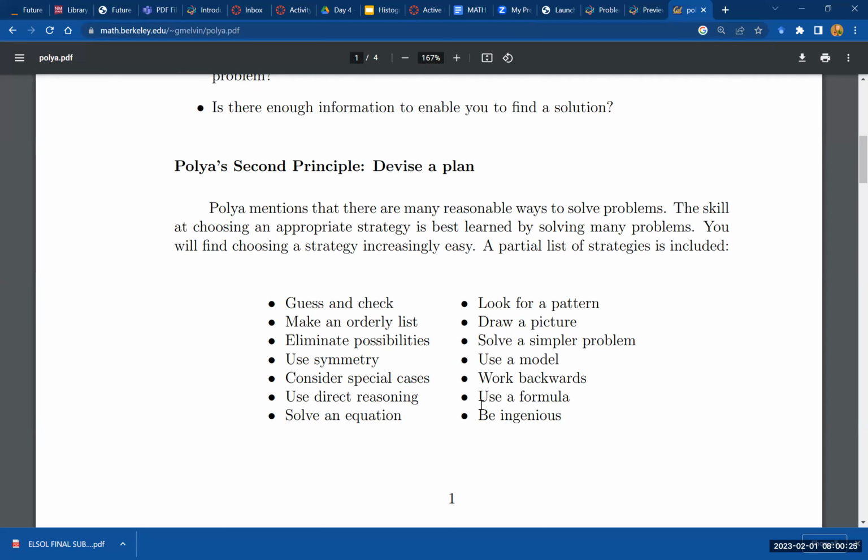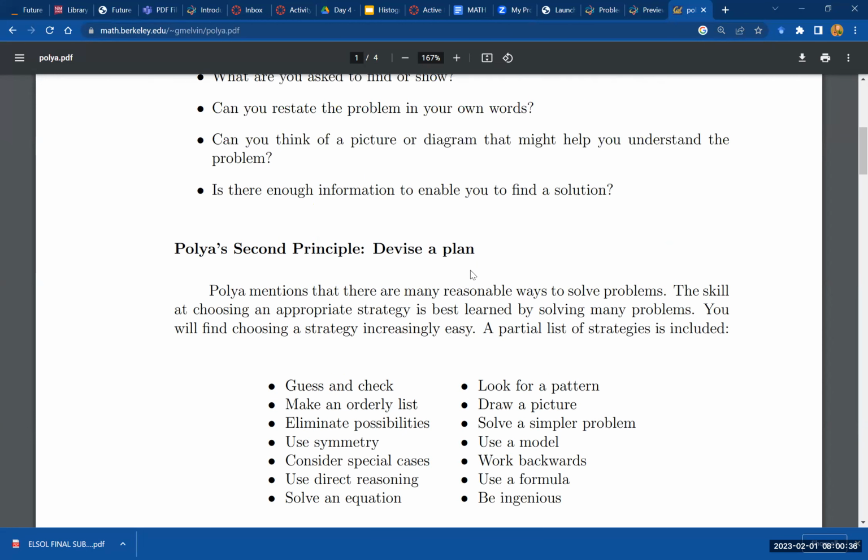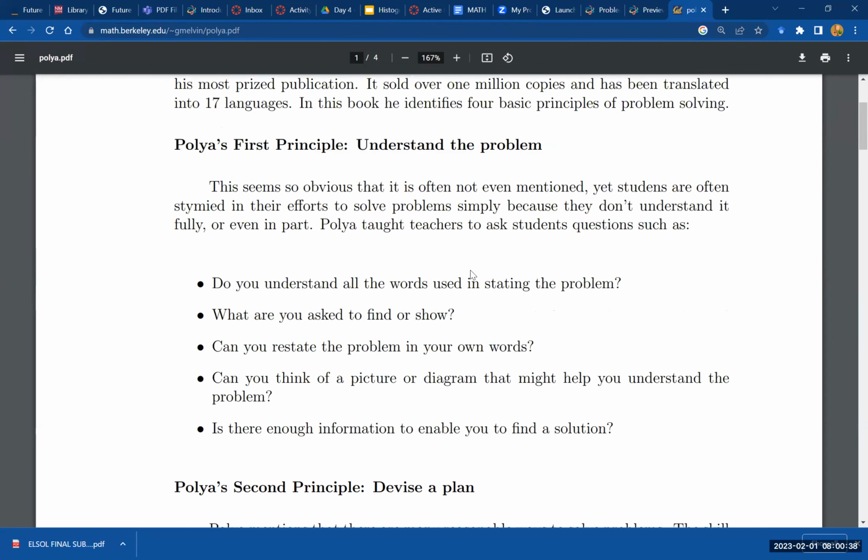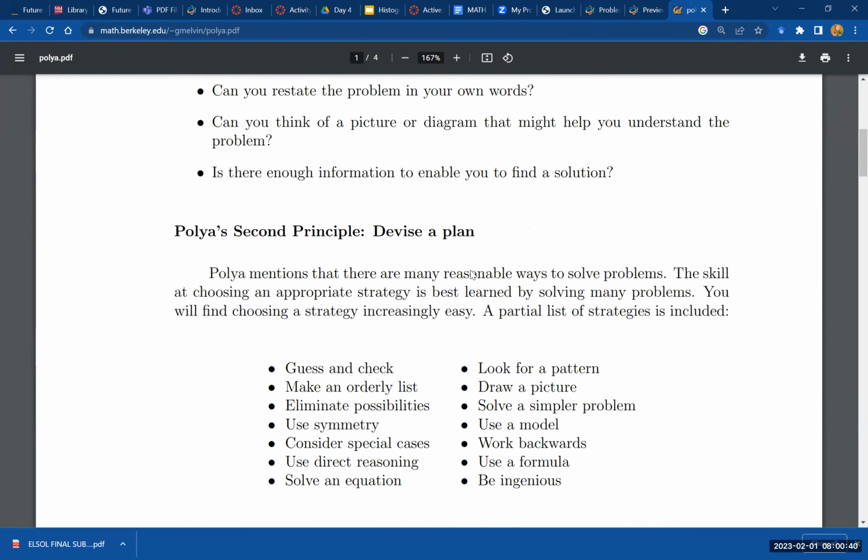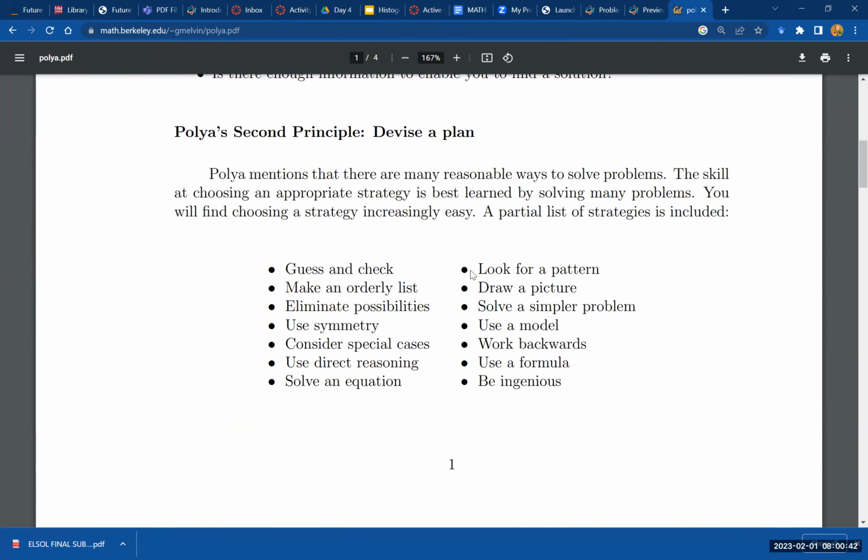The reason I want to jump into devising a plan, even though maybe we still have some things left to understand about the problem, is because there might be some things that we can already do.